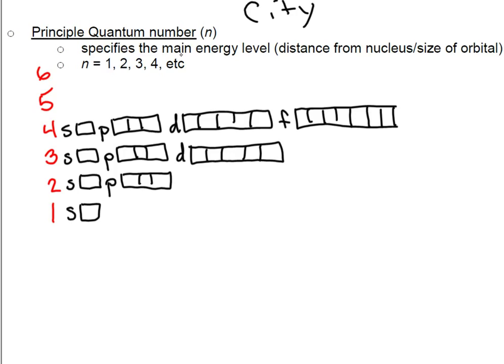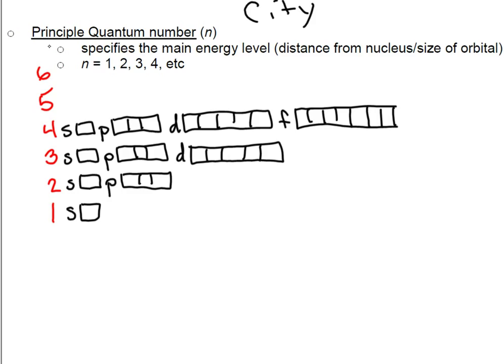Now, this is specifying the main energy level of your orbital. You can see here for each of these quantum numbers, I've drawn an orbital diagram, and in red, I'm highlighting the part of the diagram that this number is representing. So a principal quantum number is referring to the energy level of each of these orbitals. Energy level 1, energy level 2, energy level 3, 4, and so on.